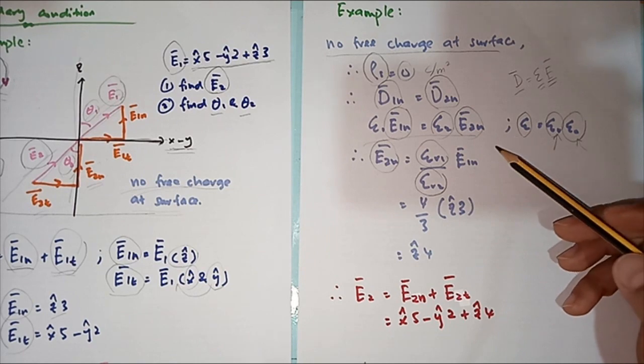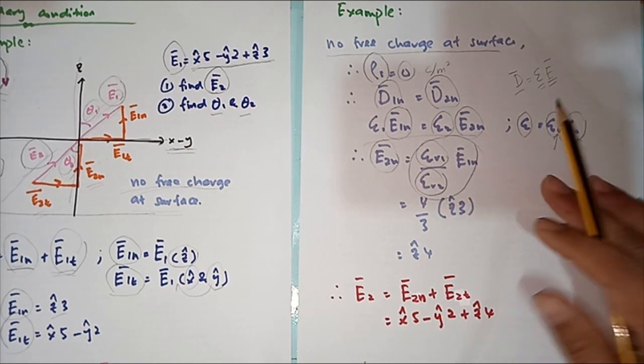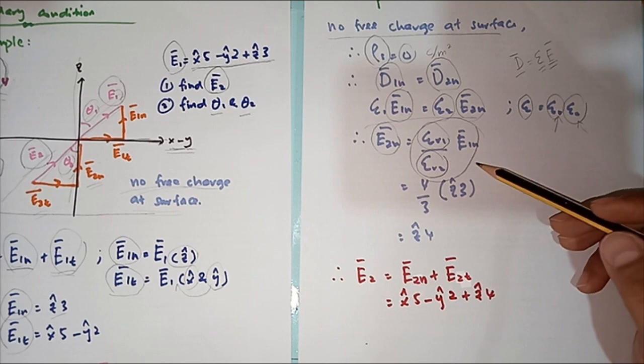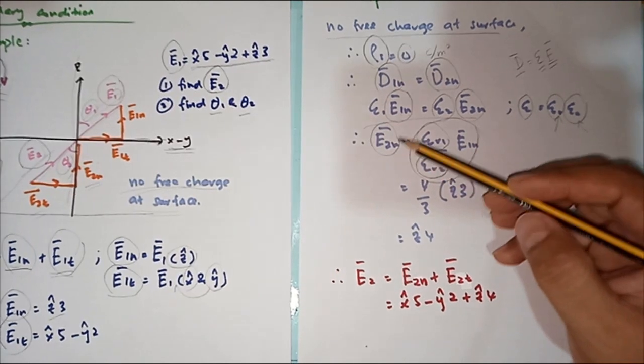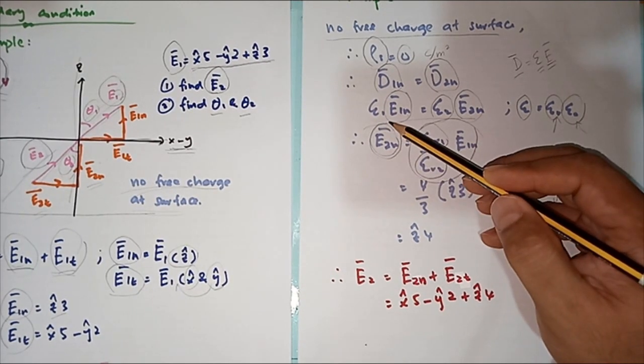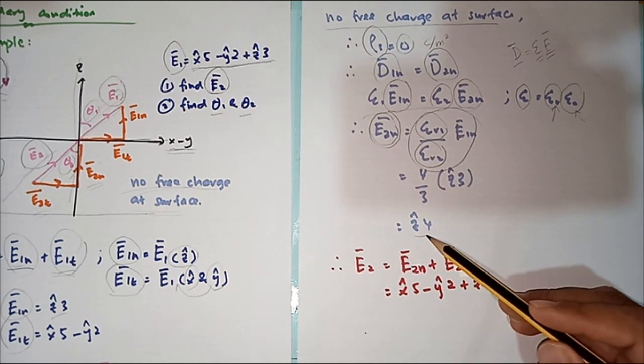If we replace this expression with the values that we have, the normal component for the vector of E2 is equal to z cap 4.